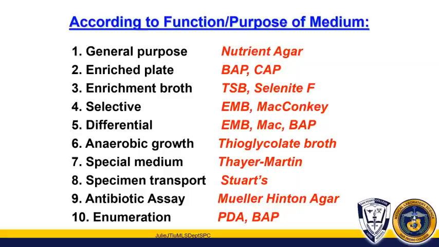Examples are blood agar plate and the chocolate agar plate. When blood is heated, it turns chocolate brown in color. That's why the name of the agar is chocolate agar plate.